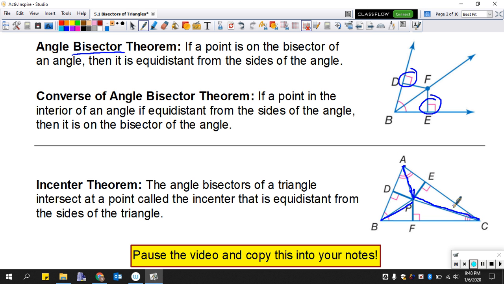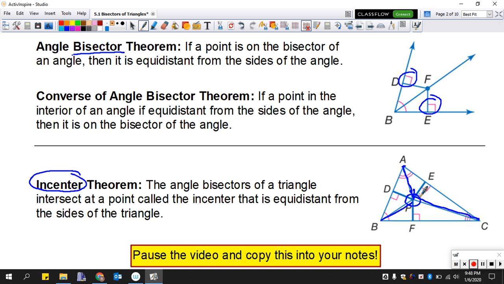Where those meet is called the incenter. The incenter theorem says that this particular point, the incenter, is the same distance from the sides of a triangle.